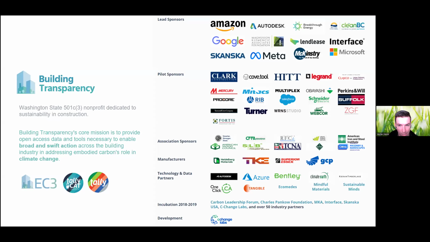We started with the embodied carbon and construction calculator tool, the EC3 tool, but we've also taken over the further management and development of the Tally LCA tool, which we'll go over today. And then we also have what's called the Tally Climate Action Tool plugin, which is basically a Revit plugin for EC3. It's just highly inspired by the Tally LCA tool itself.